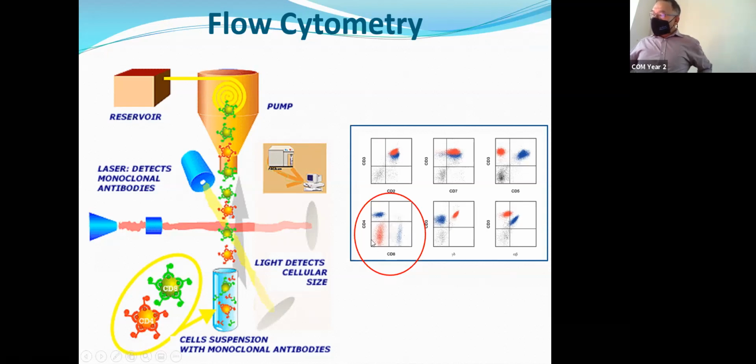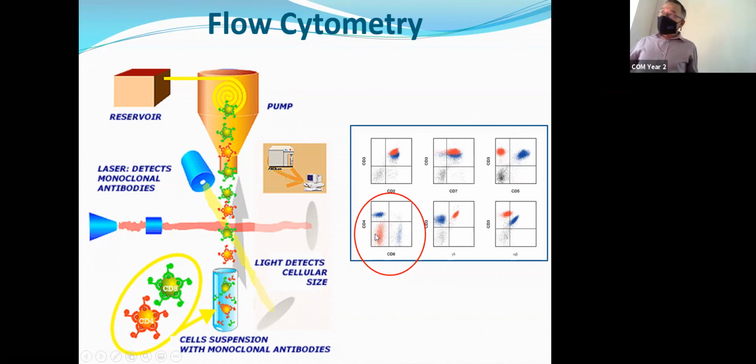So we look at this graph here. On the x-axis, we have the number of CD8 stained cells, and on the y-axis, the number of CD4 stained cells.